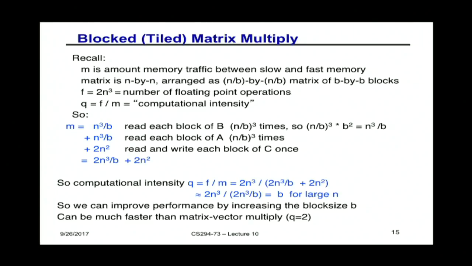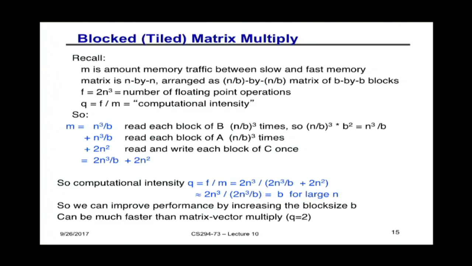But with just this little twist, the counting becomes much better. We are doing the operations in a slightly different order, so the number of floating point operations is the same, which is 2n cubed. Now we compute the q factor. With each block of size b, there are still n over b cubed block operations. But each block is b squared, so the total data you read is n over b cubed multiplied by b squared, which is n cubed over b.